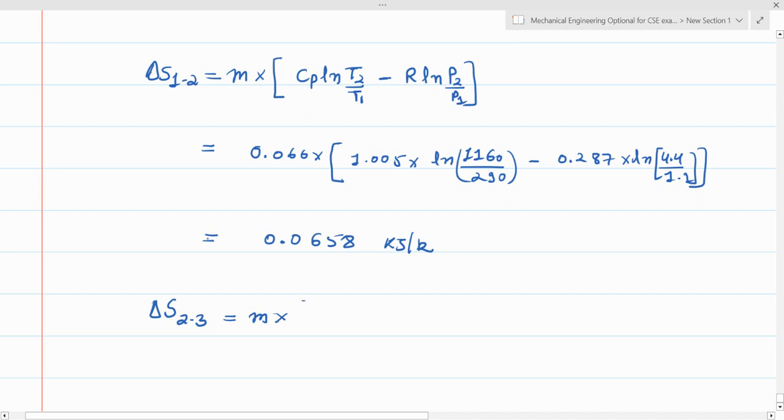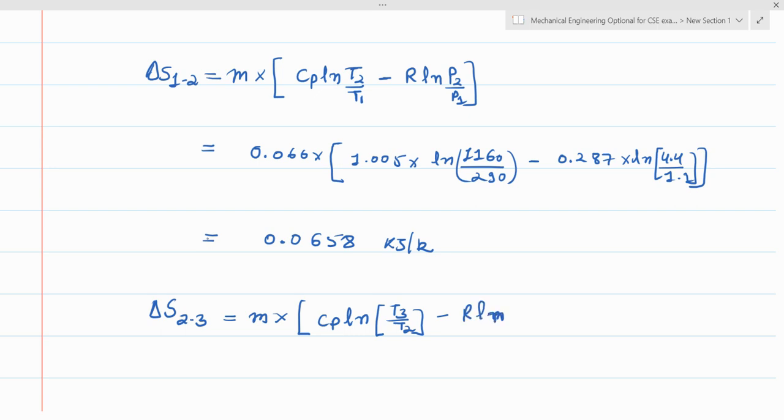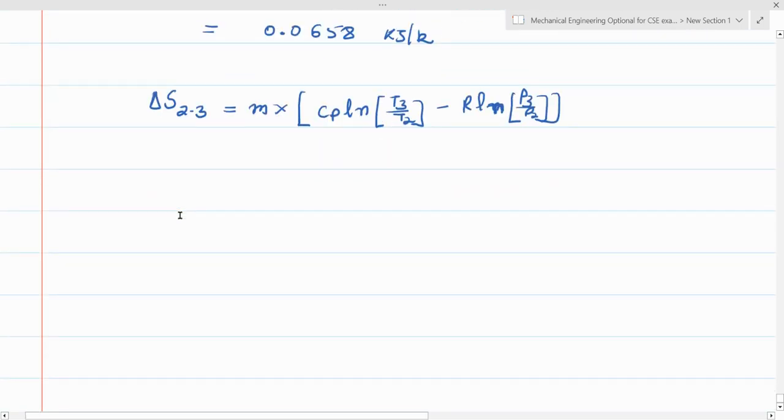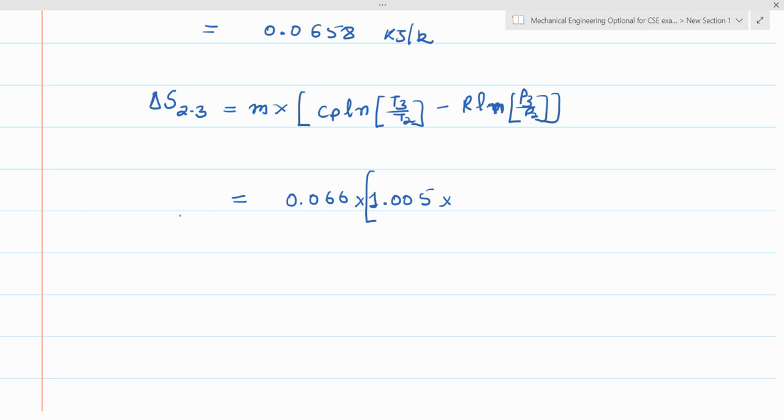Similarly, we can calculate delta S 2 to 3, which comes out to be m into Cp ln T3 by T2 minus R ln P3 by P2, which is 0.066 into 1.005 into ln of T3, 290, divided by 1160.